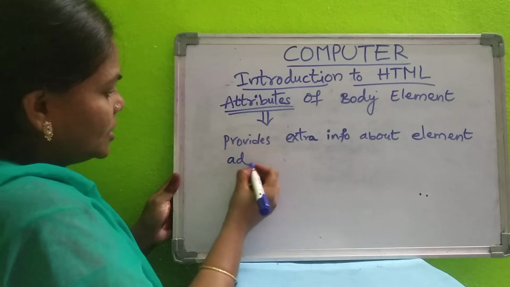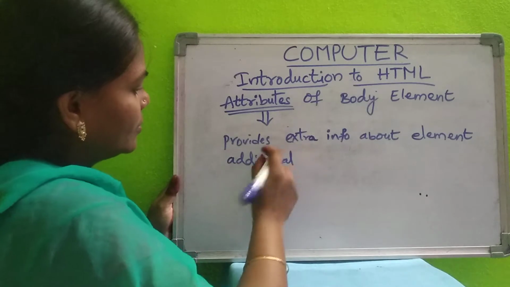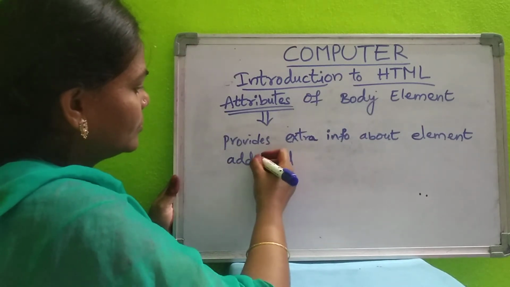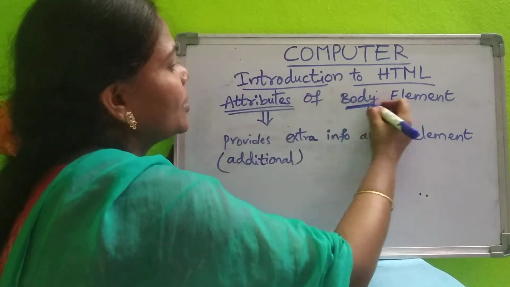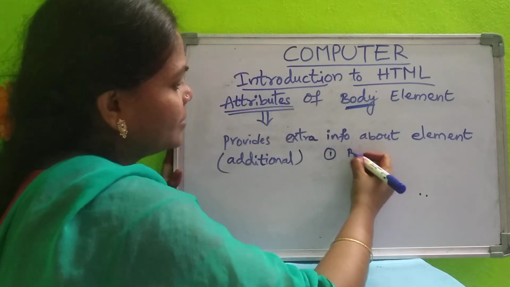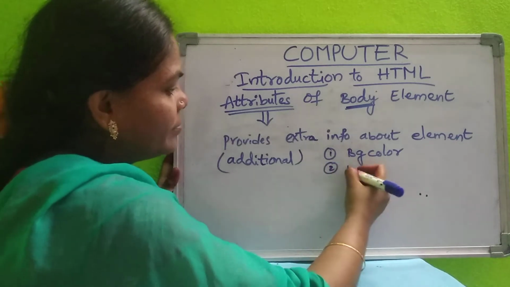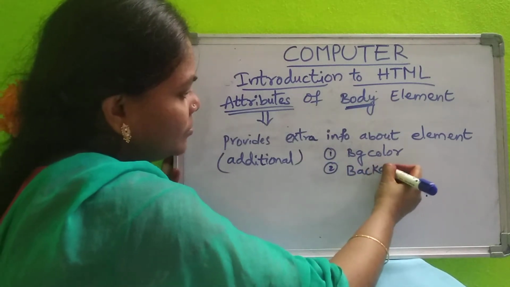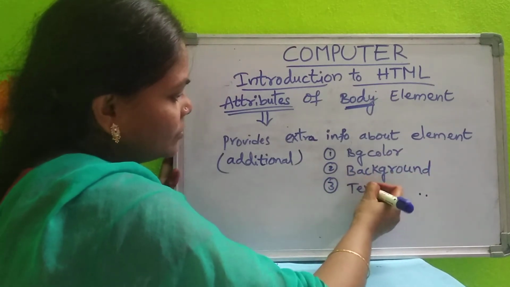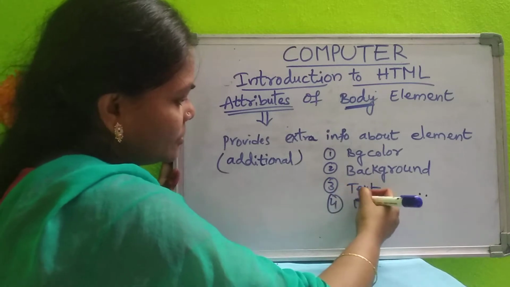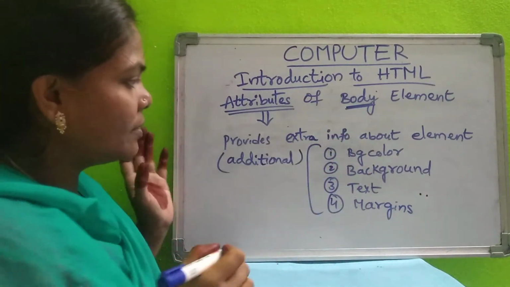For the body we have different attributes: BG color, COLOR, there is no U here. The next one is background. The third is text. The fourth one is margins. About all these four we will learn now.